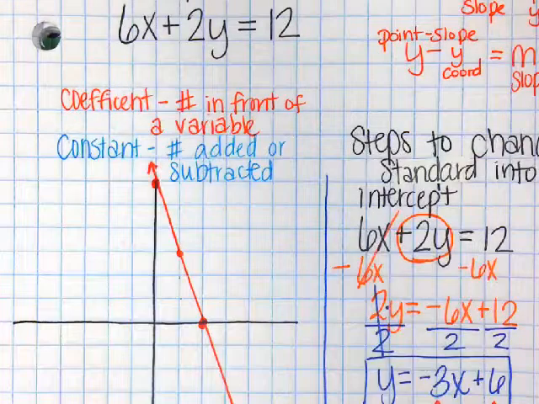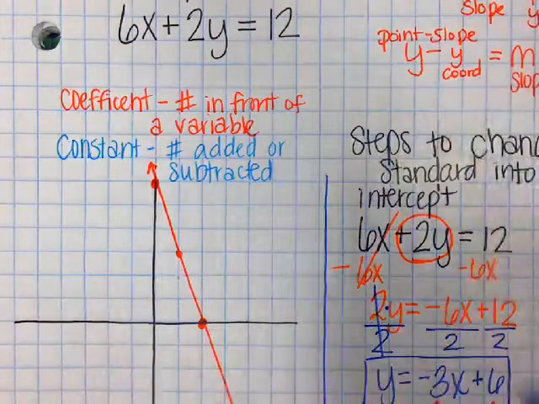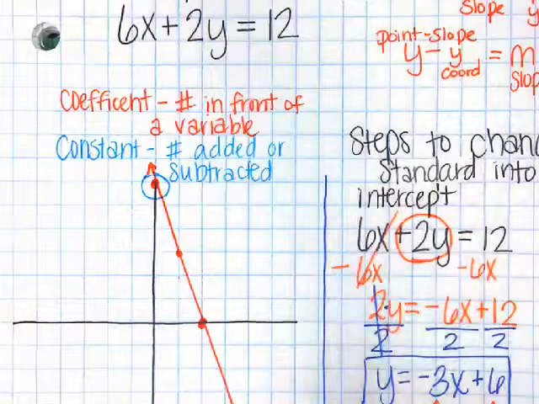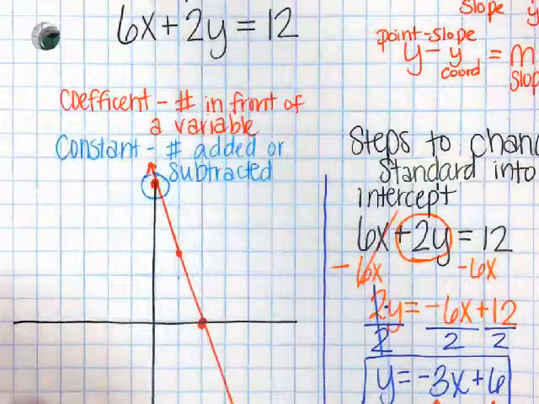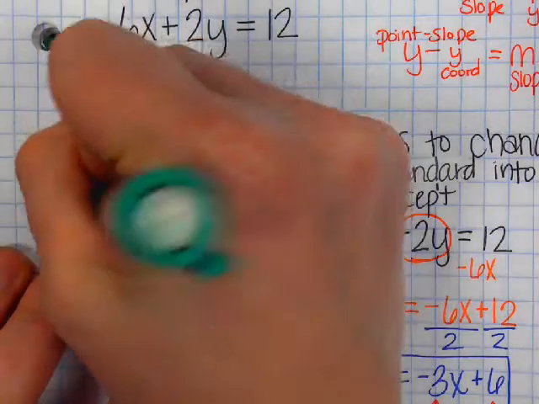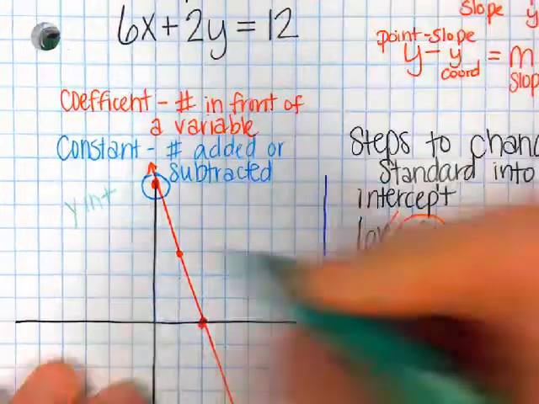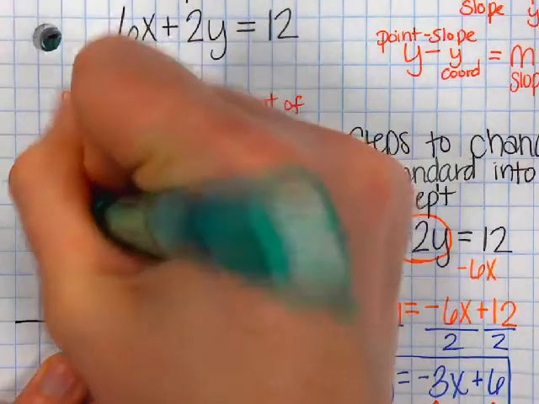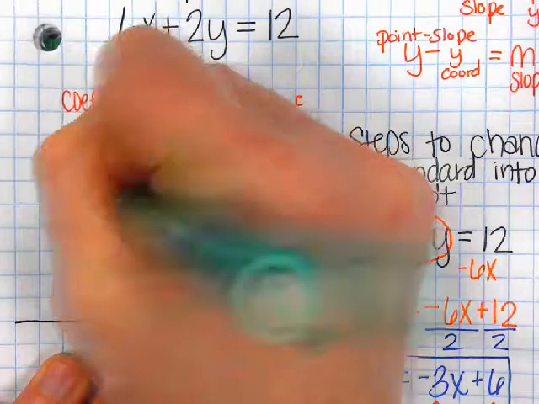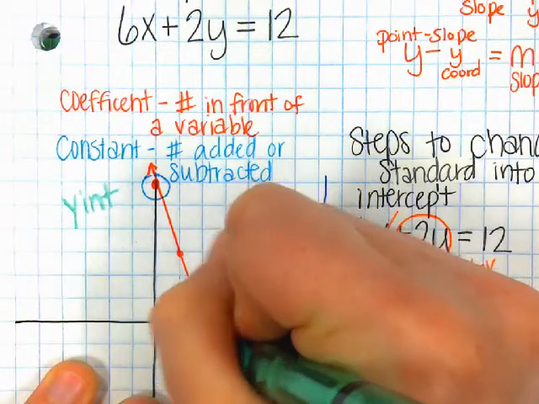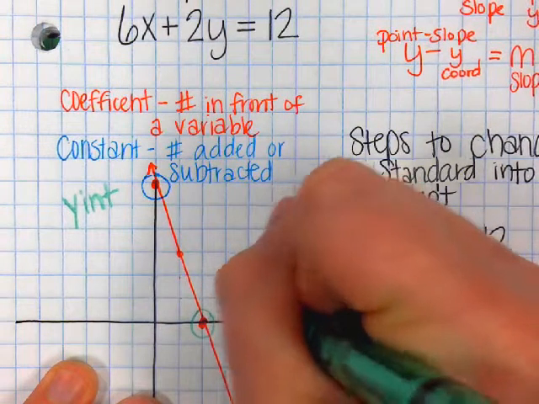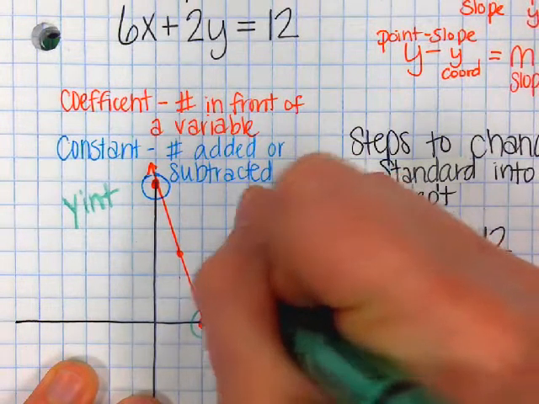Now, the reason we use standard form, if you look at this, is that standard form actually gives you the x and y intercepts. Remember, the y-intercept is where it crosses the y-axis, so that is the y-intercept. And then this point right here is the x-intercept.